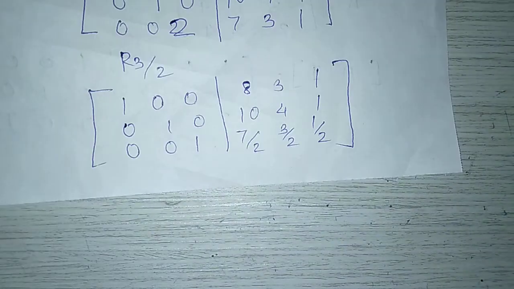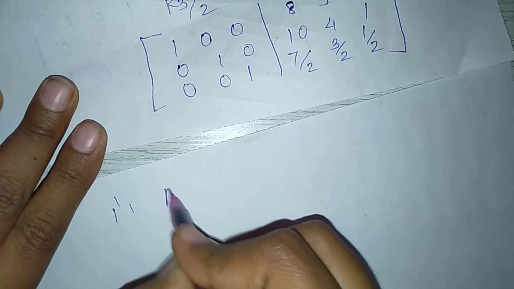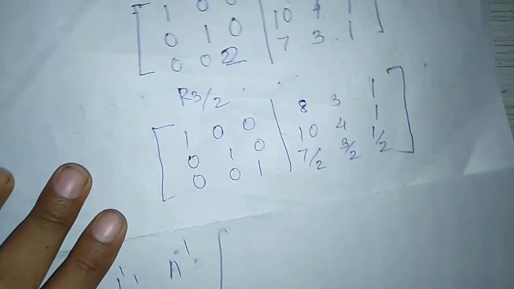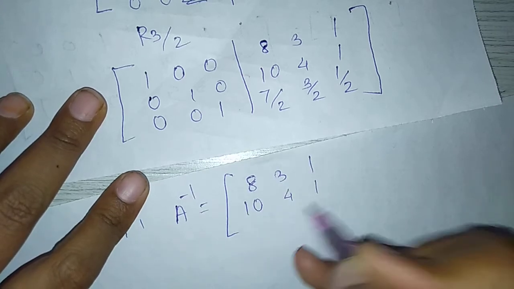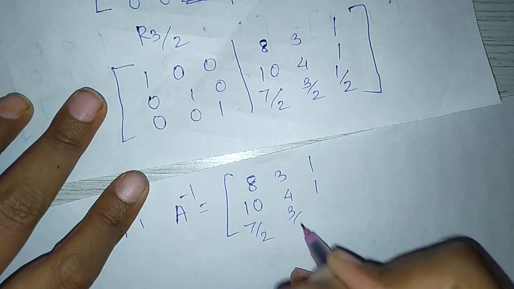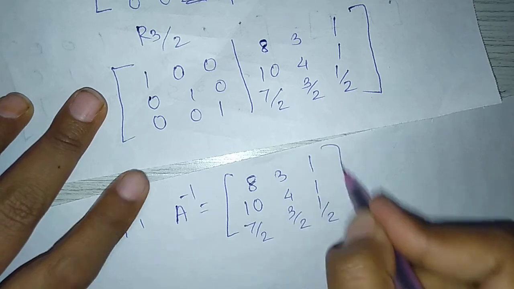Therefore, A inverse is equal to 8 3 1, 10 4 1, 7 by 2, 3 by 2, 1 by 2.